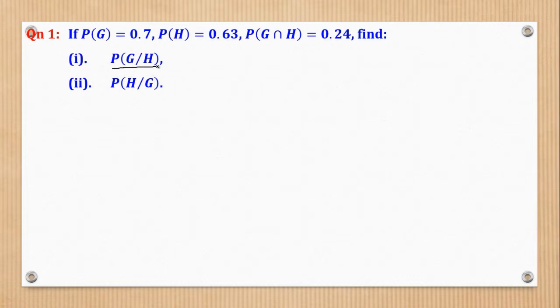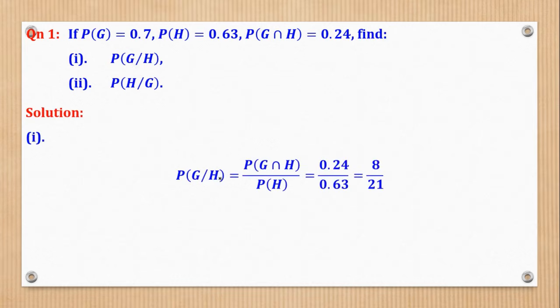That one means the numerator will be G intersection H, and the denominator will be what has already occurred, which is H. The intersection was given, and also the probability of H was given. So when I divide, I'll come up with this as the answer.